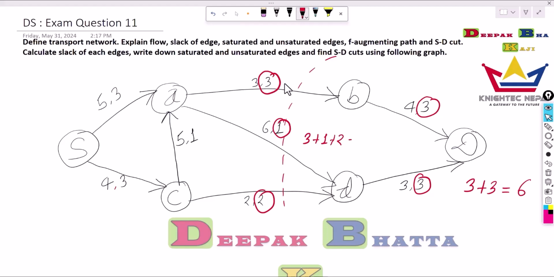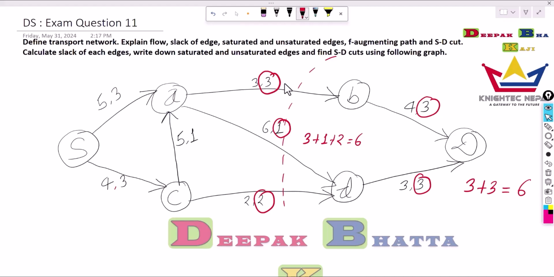So 6 is the value of the flow outgoing from the source and 6 is the value at the destination, that is 3 plus 3 is 6.